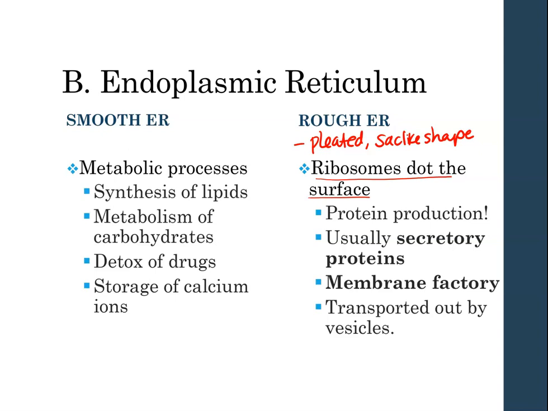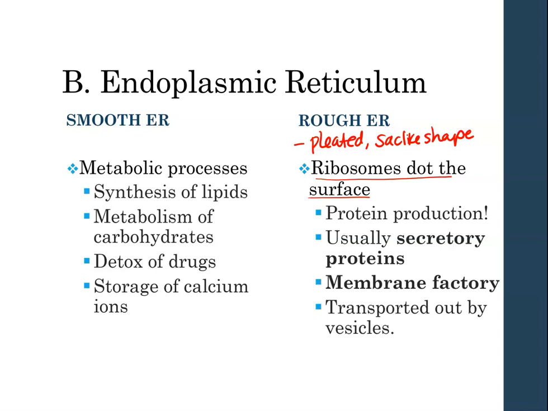Those ribosomes that are embedded on the rough ER are building up proteins. Remember, we can find ribosomes in two places, on the rough ER and free floating in the cytoplasm. Usually the proteins that are built on the rough ER are going to leave the cell, and we'll talk about why that is in just a minute.